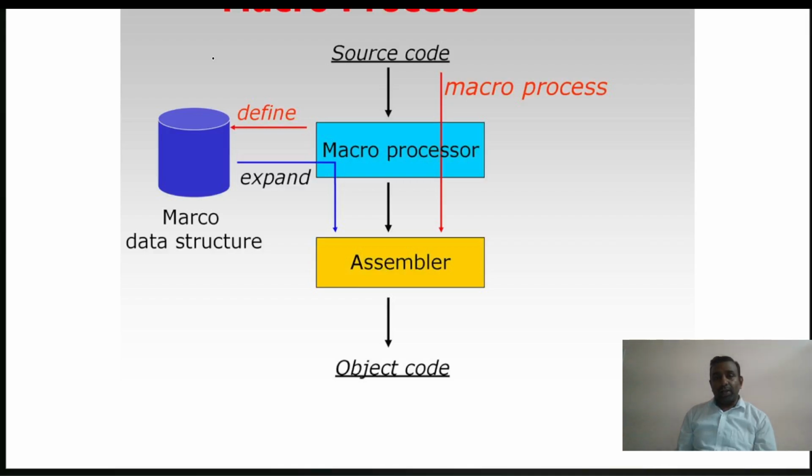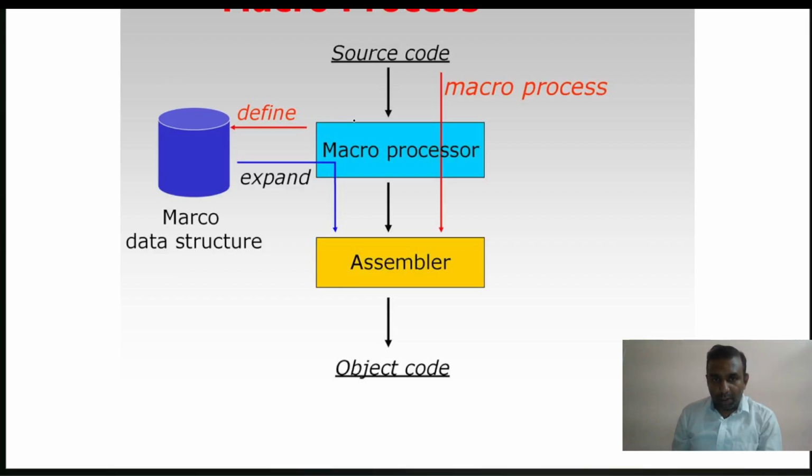But in the case of a macro, if we define a macro, the control is not transferred to the body of the macro. Instead, the body of the macro is replaced with the calling statement of the macro present in a program. We will see an example also, but before that, we will discuss the diagram of that macro.